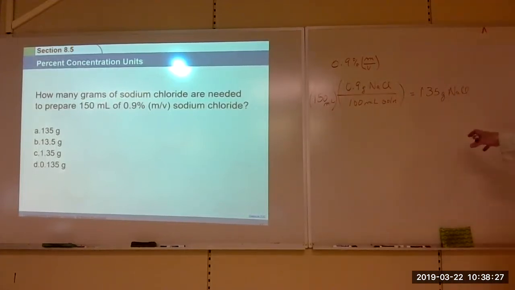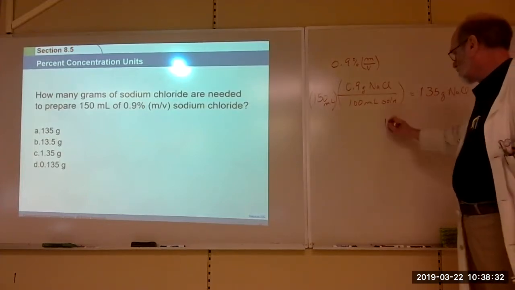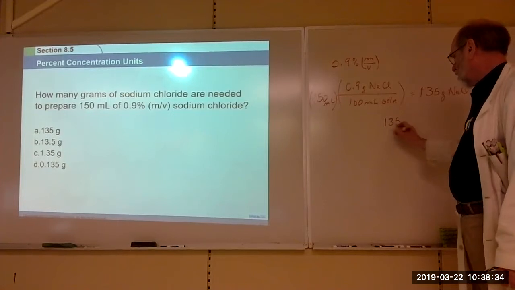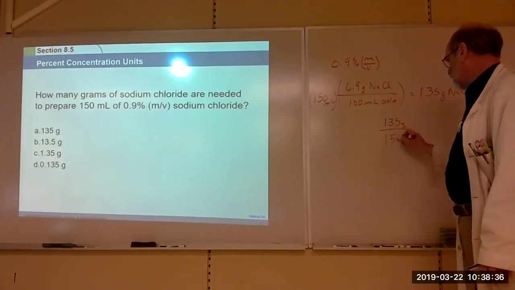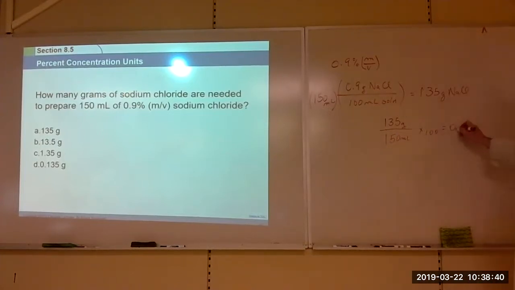And you can check yourself. You say, okay, what would it be? Well, take 135 grams and divide by 150 milliliters, a final solution, times 100, and you should get 0.9%. Okay? It's just to check yourself.